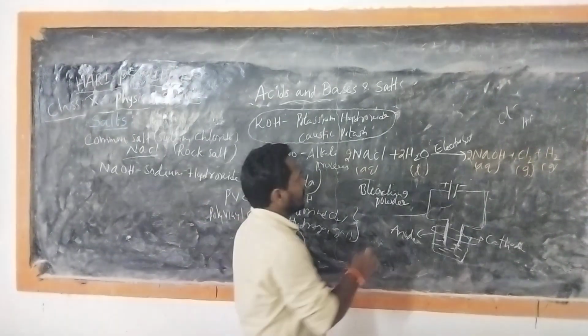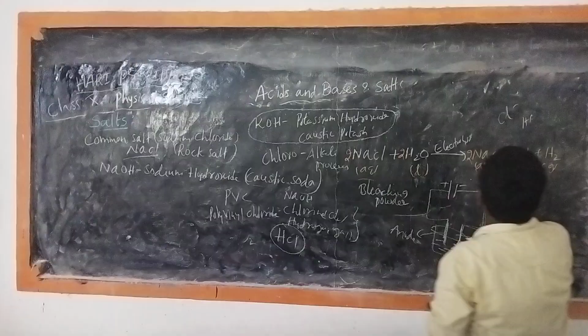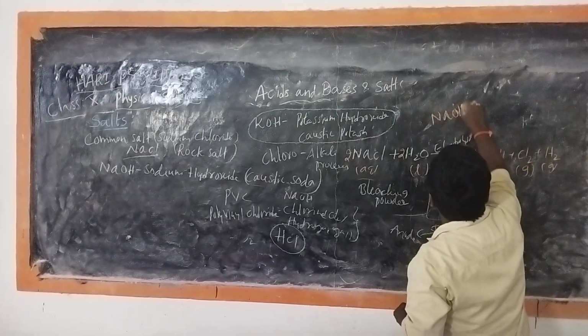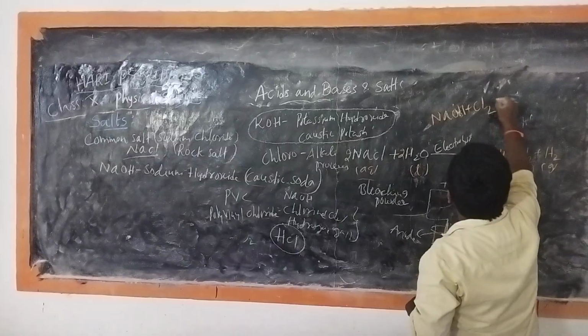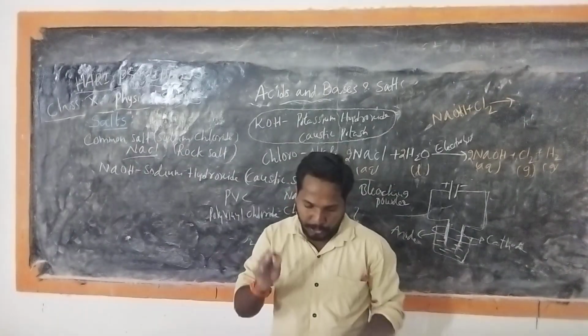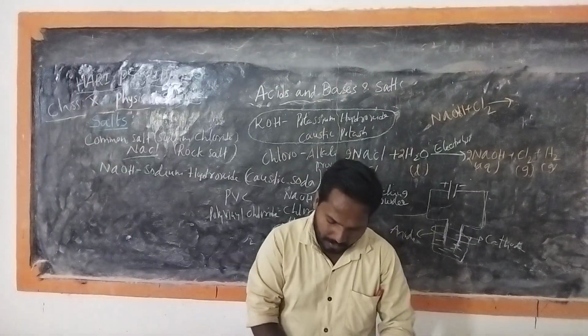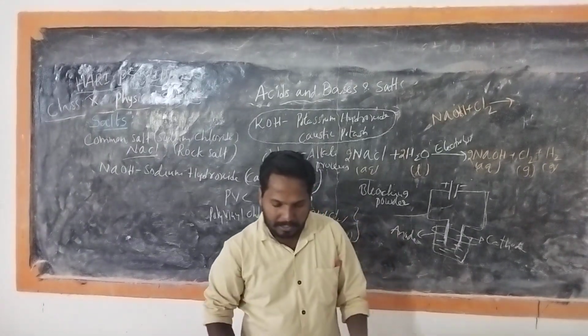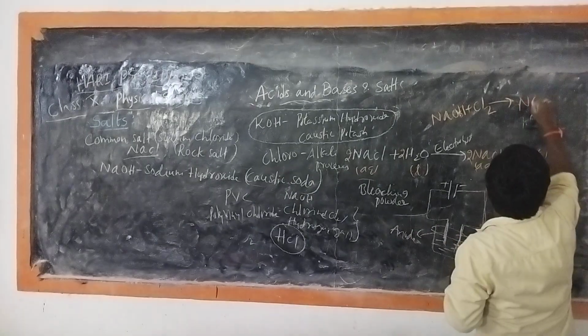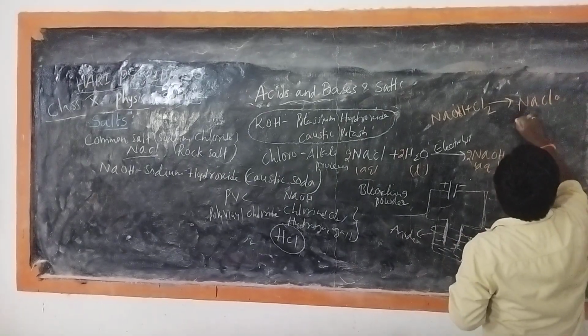When sodium hydroxide and chlorine are combined together, they form another chemical substance called sodium hypochlorite, NaClO.